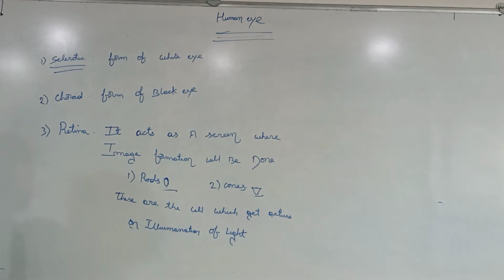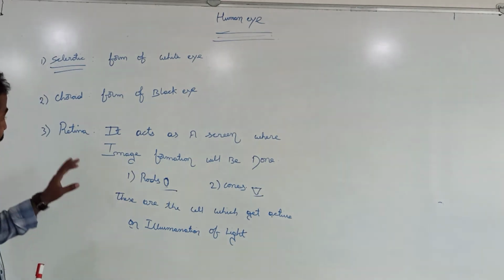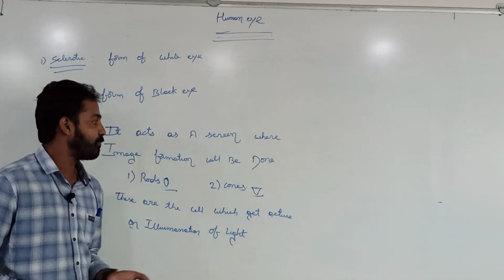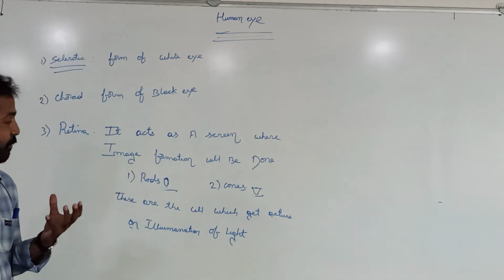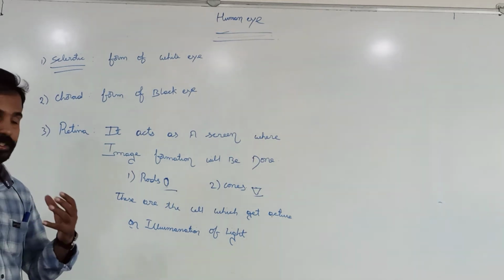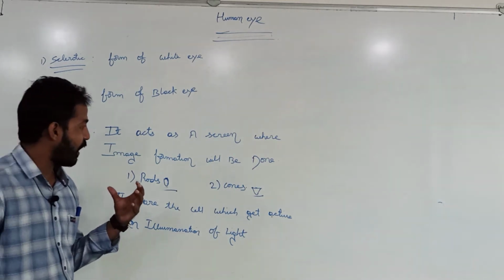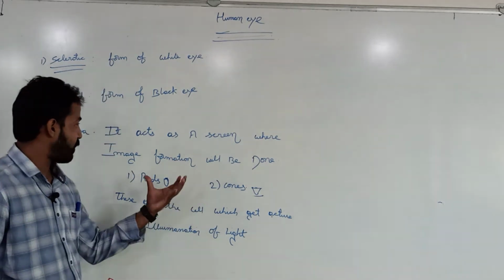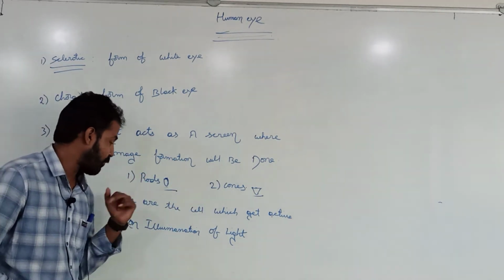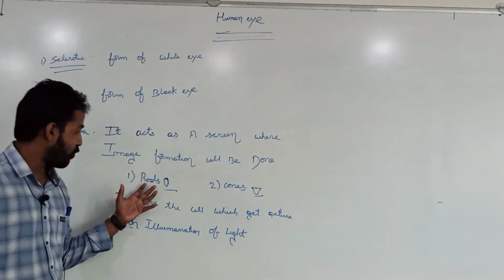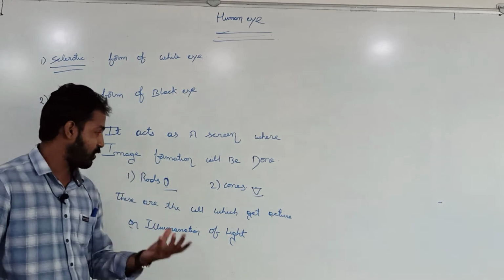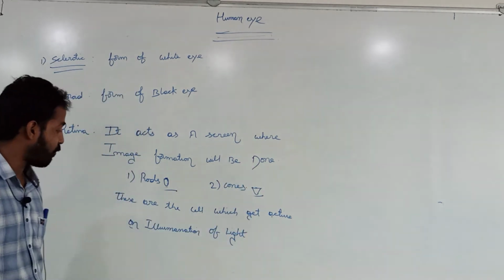So when I say the retina acts as a screen, whatever object is outside the eye, the image of the object will be formed at the position of the retina. So the retina consists of two types of cells, rods and cones.